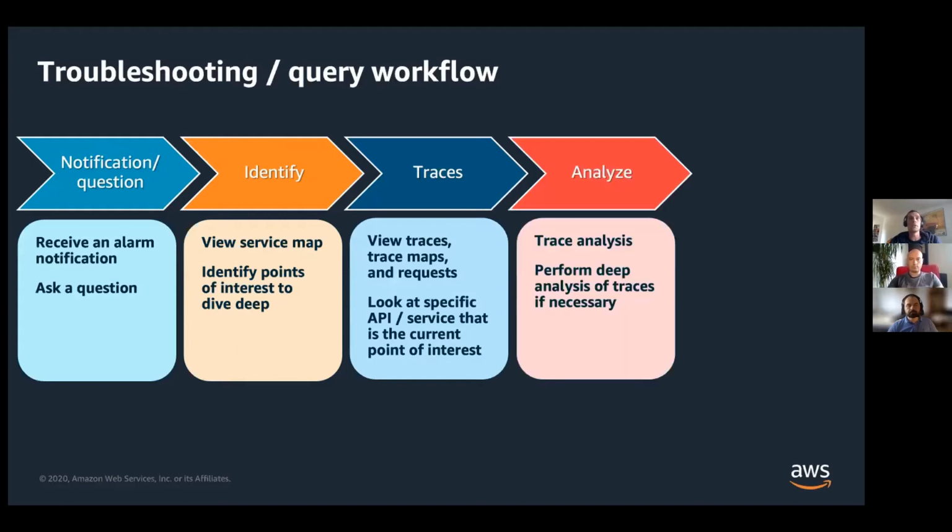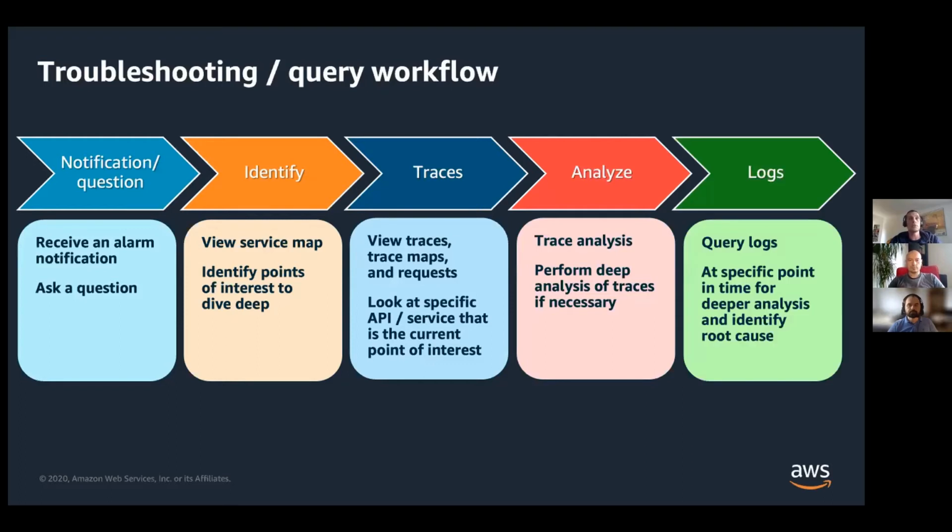You can even go through deeper analysis if you need to, between, for instance, two releases of your software or stuff like that. You can have performance analysis as well that can be done at this level. And then at the end, you should be able to jump really quickly to the specific log that will give you the stack trace of your issue.